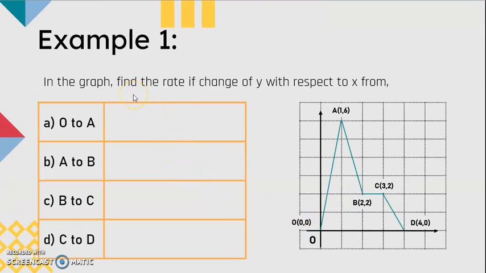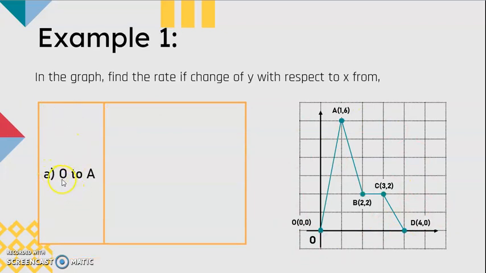So let's get started with example 1. In the graph, find the rate of change of y with respect to x from O to A, A to B, B to C, and C to D. So this is the graph that you need to refer. Let's do the first one first, which is O to A. O, we know the coordinates is 0, 0, and point A is 1, 6.